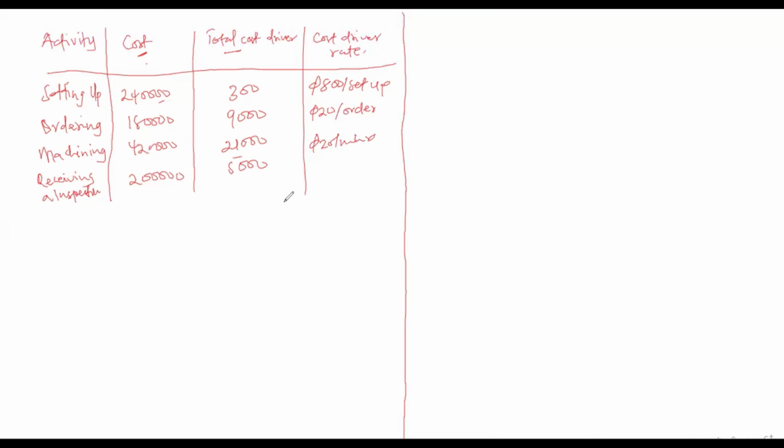We divide the 200,000 by 5,000. We get 40 cedis per receiving and inspection. So now we have our cost driver rates. When you have your cost driver rates, then you can go ahead to determine your cost unit.